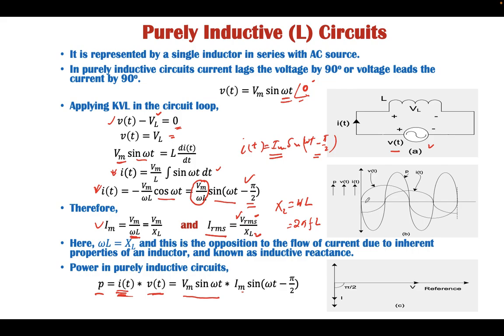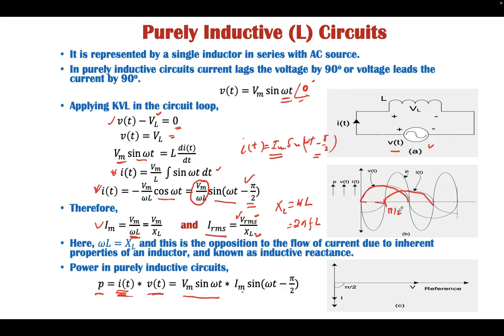Now if this is the waveform for voltage, the current waveform has an angle of minus pi by 2, which means it will start after pi by 2. Here is the angle pi by 2, and the current will start from here.